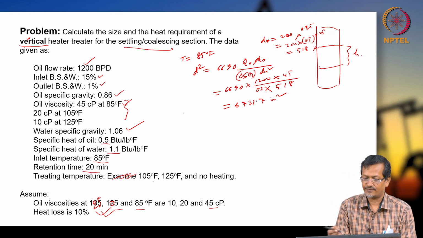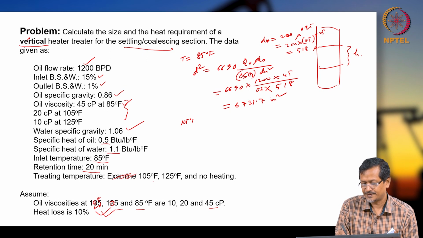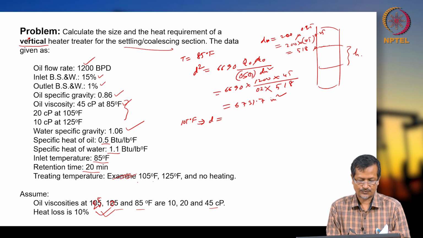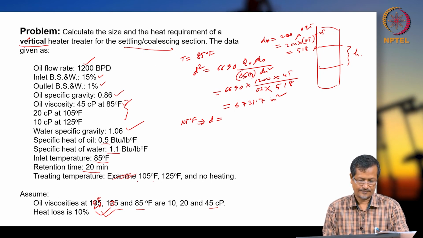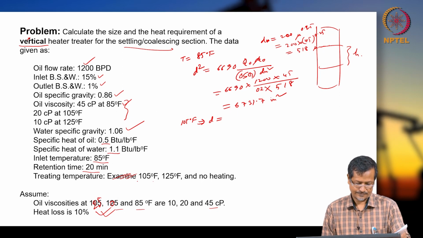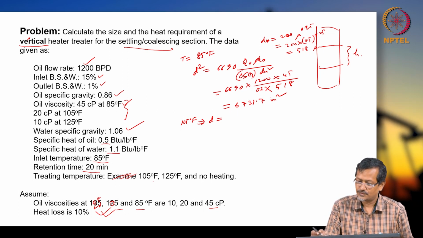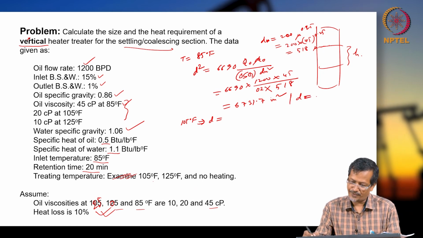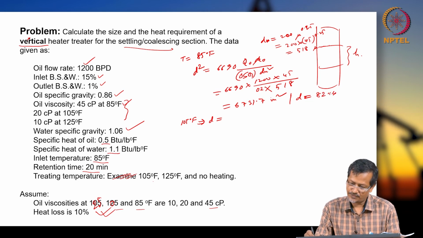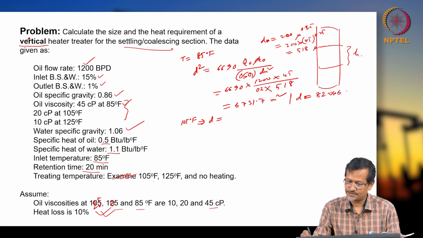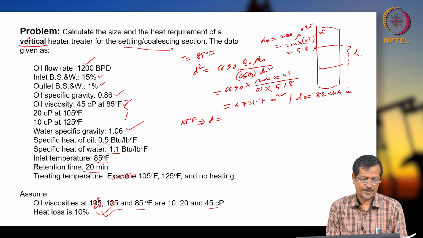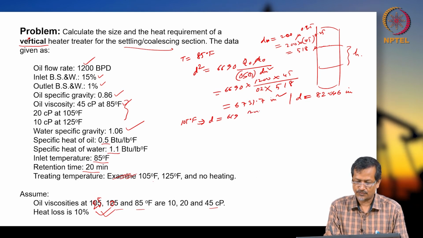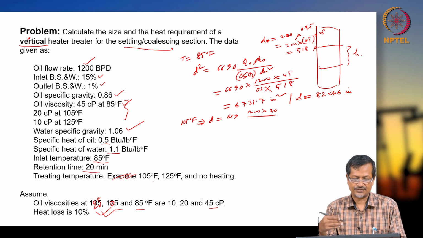Similarly you calculate for 105 degrees Fahrenheit: 6690 into 1200 into 20, since your viscosity changed.